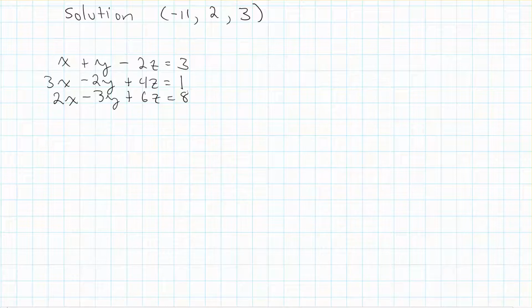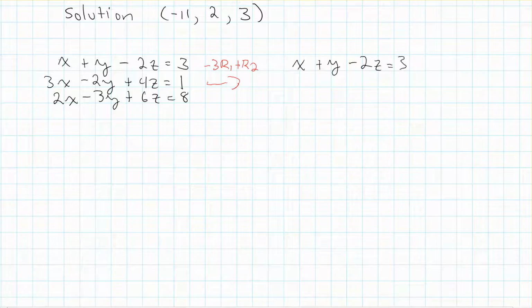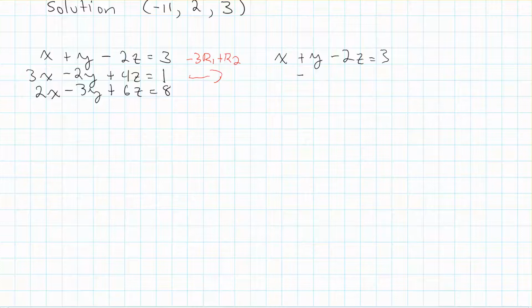Well, same thing as we did before. I've got this nice 1 here. So the first thing I'm going to do is try and get rid of those x's. So I'm going to do -3 row 1 plus row 2. And of course the top one is still x plus y minus 2z equals 3. Now the second one here, well, those would be 0. -3 plus -2 be -5y.